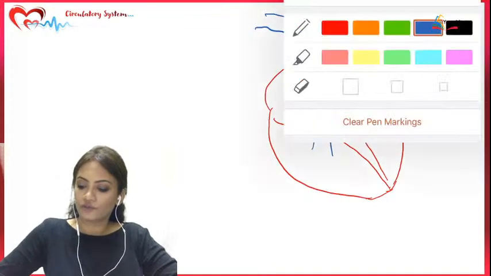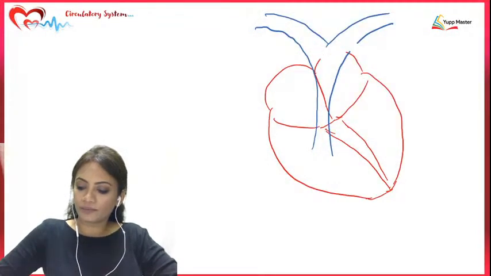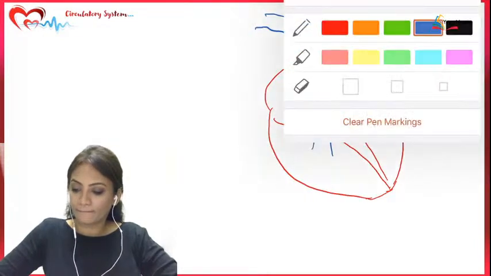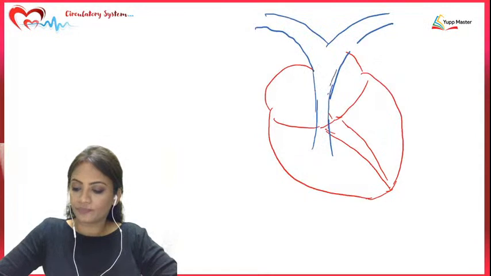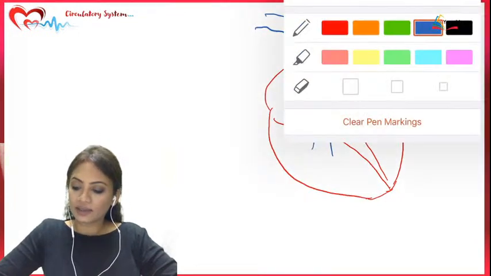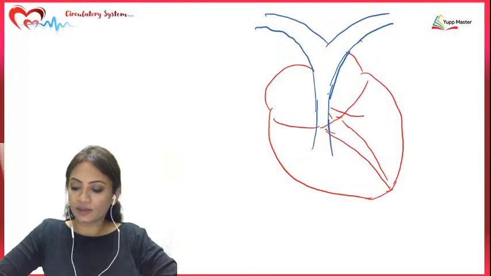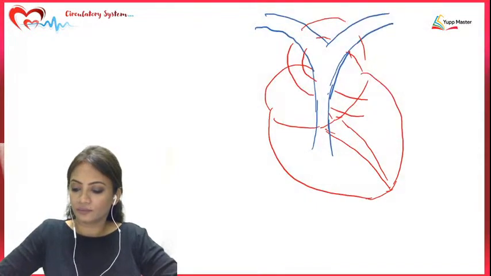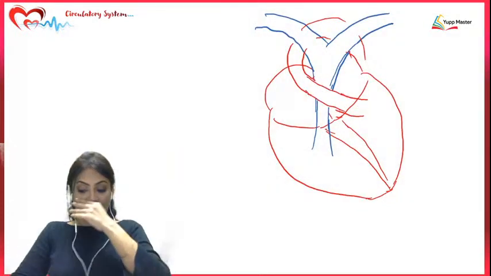First we drew the pulmonary trunk. After that let us continue by drawing the systemic aorta. So now what do we see?